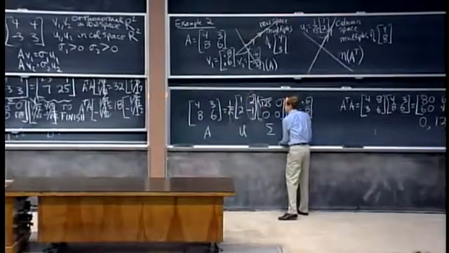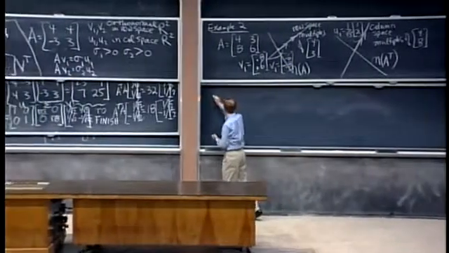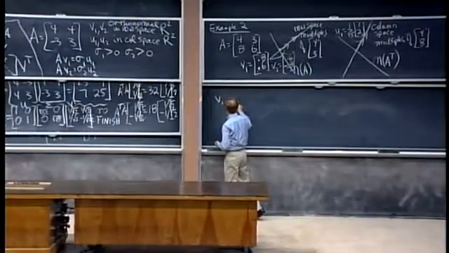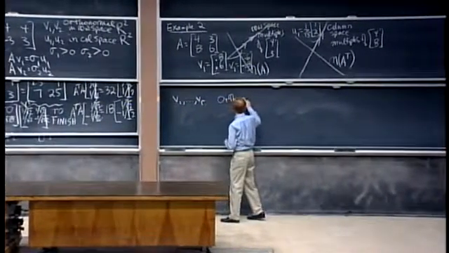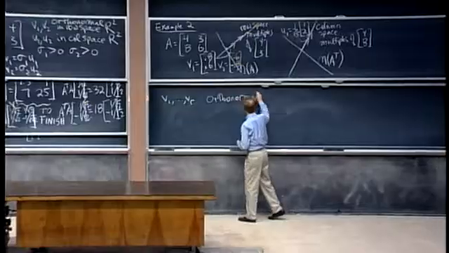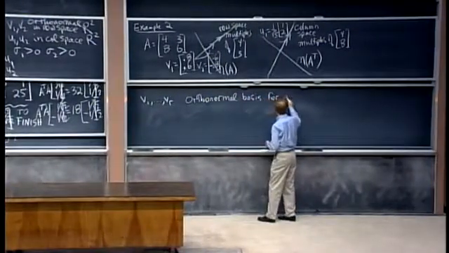Let me write this down. V1 up to VR is an orthonormal basis for the row space.